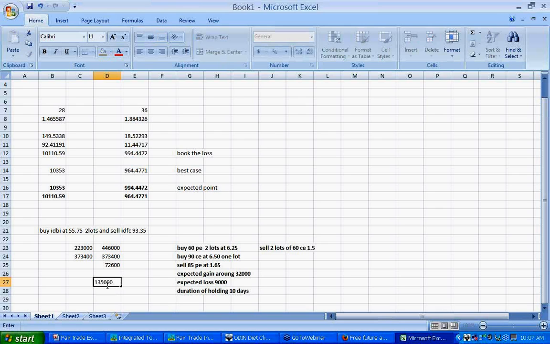All that I have given here. This is margin required. Margin required is 1,35,000. Expected gain around 32,000. Expected loss 9,000 in a 10 day holding period.